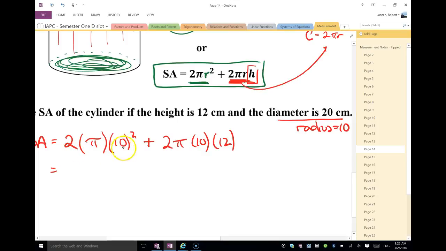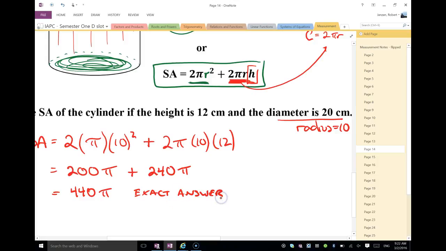I'm going to multiply this: 10 squared is 100 times 2, so 200 pi, plus 2 times 10 is 20, times 12 is 240, 240 pi. If I add 200 pi plus 240 pi, I get 440 pi. This is what we call the exact answer.